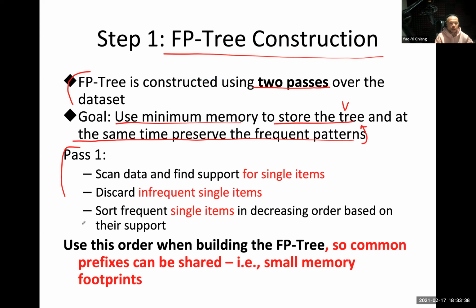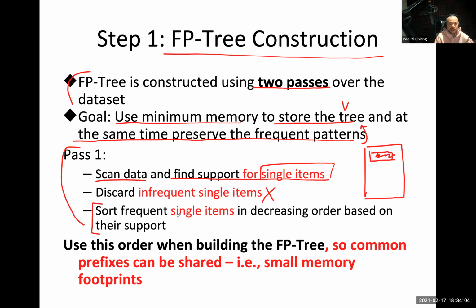Pass 1. We scan the entire data set and find support for single items. Okay, so focus on single items first, right? Remember, this is very similar to what you did in a priori. You scan the entire file and you use this part of the memory to count single items. Then you throw away infrequent single items. Great, like we did before. You sort frequent single items in decreasing order based on their support. And we're going to talk about why this is important, but sort them based on their support.